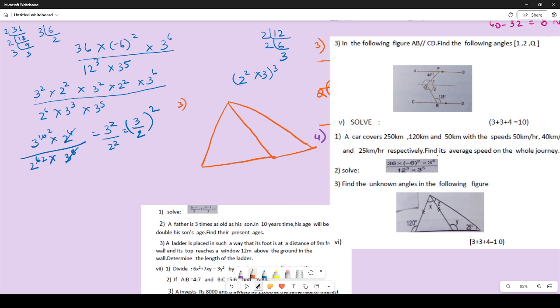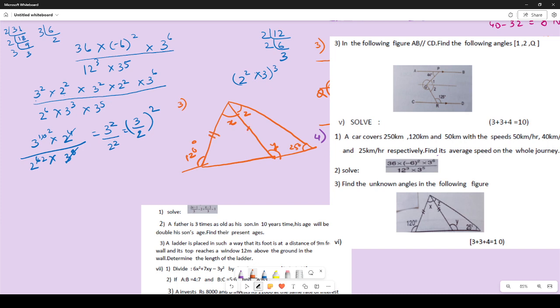I'm not very perfect with this whiteboard. So this is 25 degrees. This is angle Y. This is angle Z. And this is angle X. And this is 120 degrees.